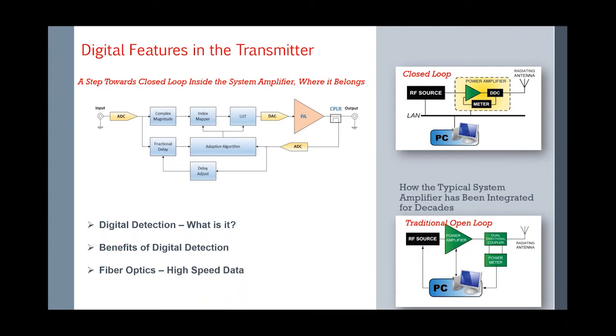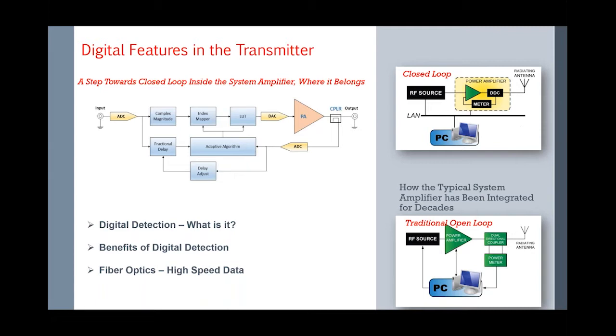The idea here is that because DACs and ADCs today can go to very high frequency, in gigahertz or gigasamples per second, and because I can interleave them, which doubles the frequency, I can take the input signal, convert it digitally, as well as convert the output signal digitally, and operate at the fundamental frequency that is being transmitted.